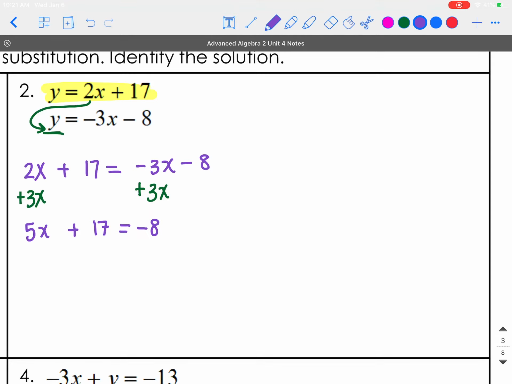That gives me 5x plus 17 equals negative 8. Then I'm going to subtract 17 from both sides to get 5x equals negative 8 minus 17, which is negative 25. Then we divide by 5 to get x equals negative 5.